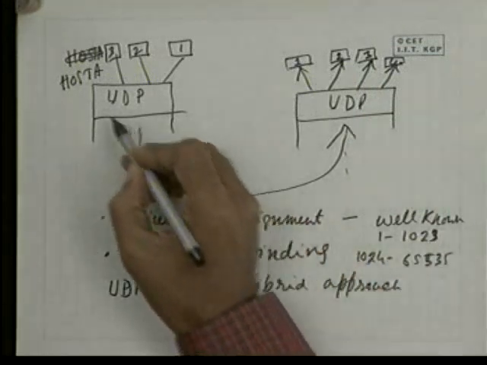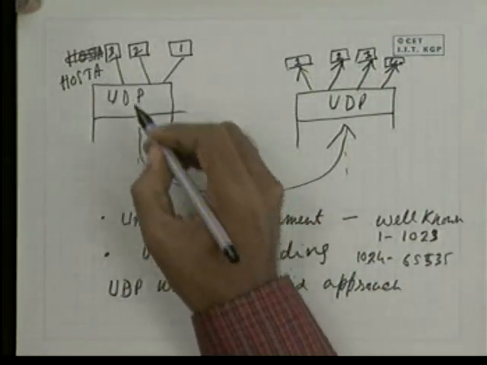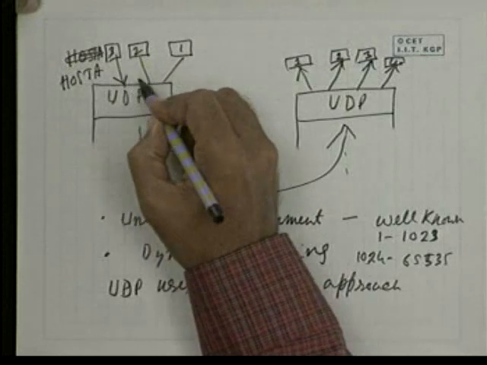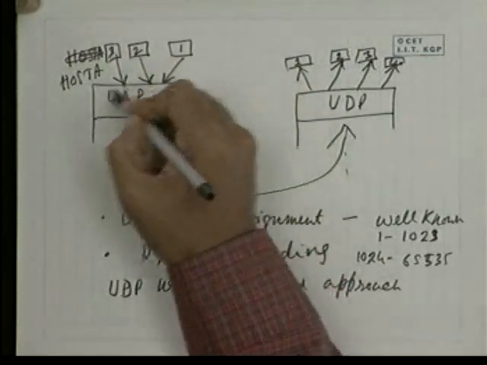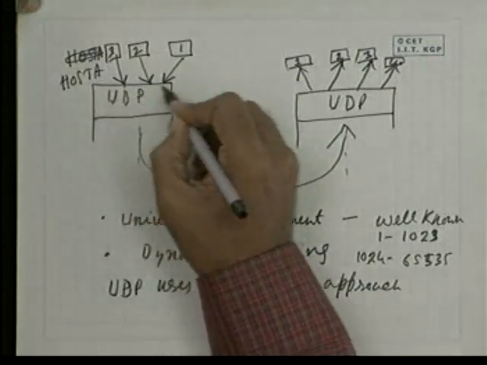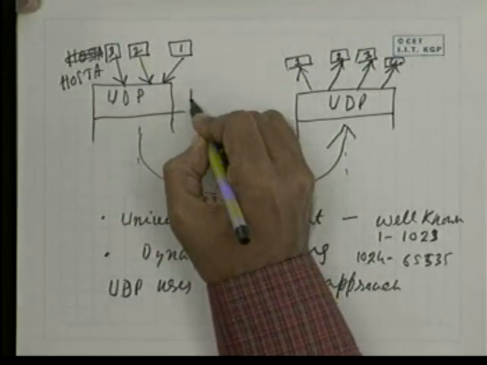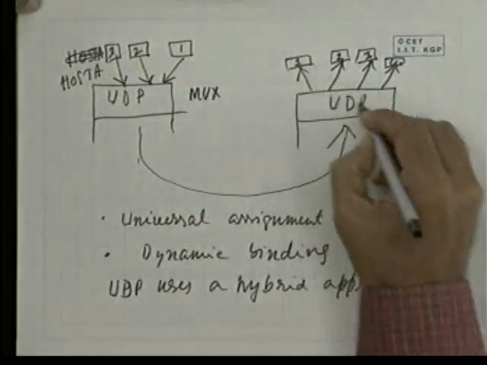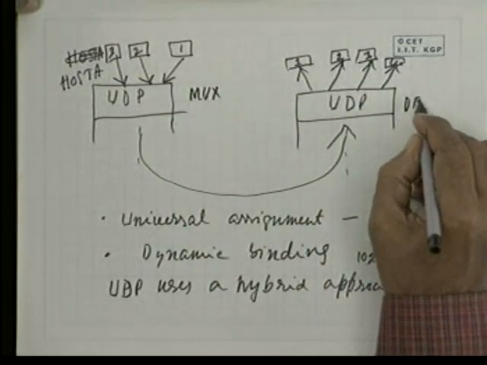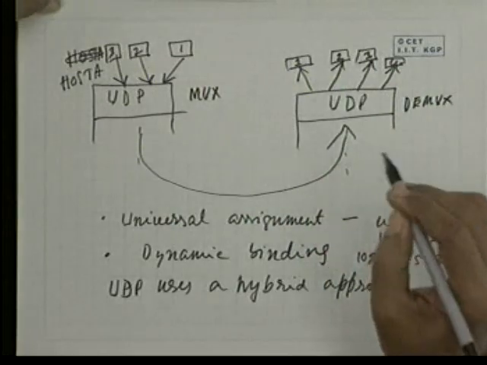And similarly, the one side can send application programs coming from different applications, and the datagrams can be sent by the UDP, which does some kind of multiplexing. And here I have shown demultiplexing. So the UDP performs multiplexing and demultiplexing.